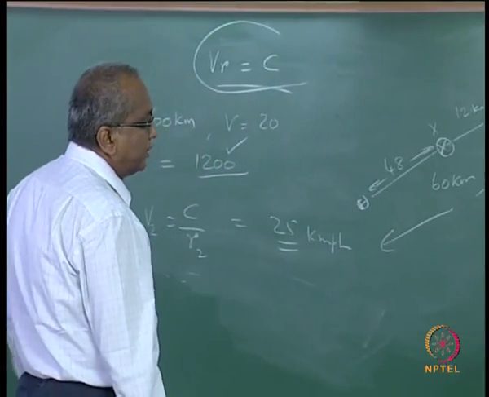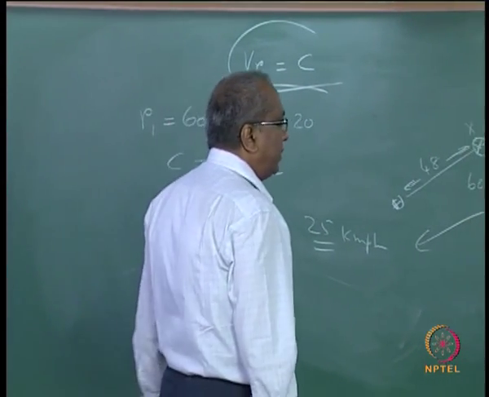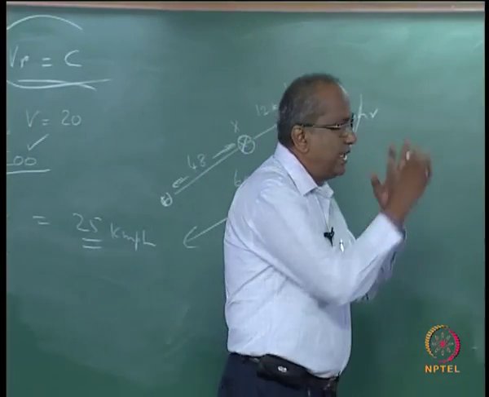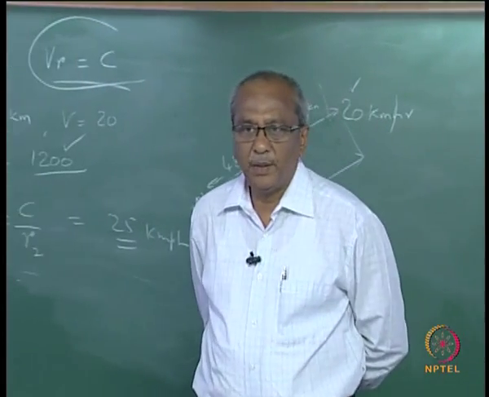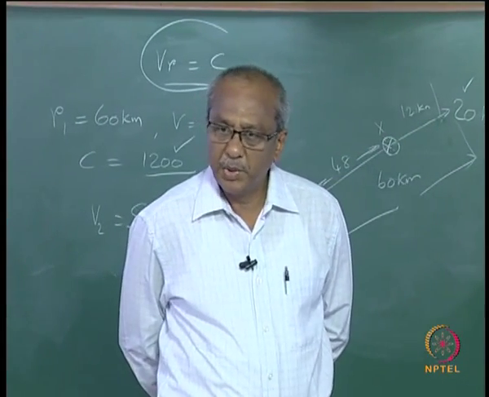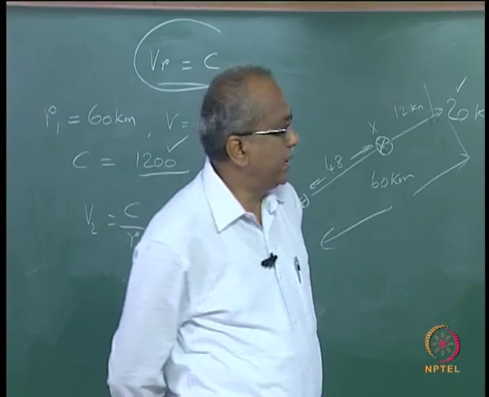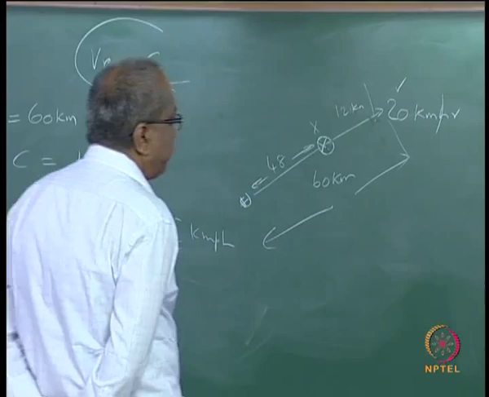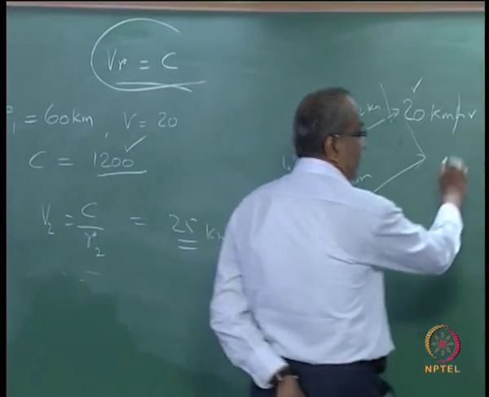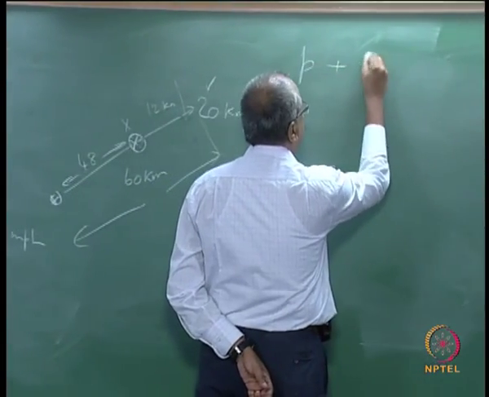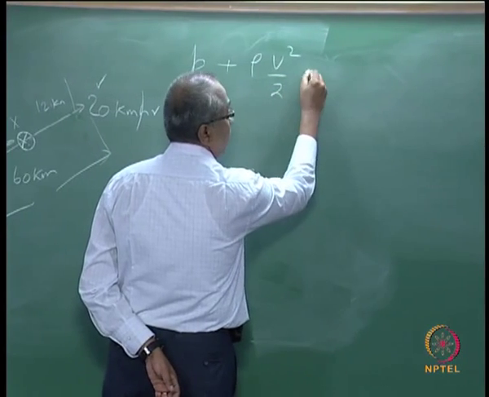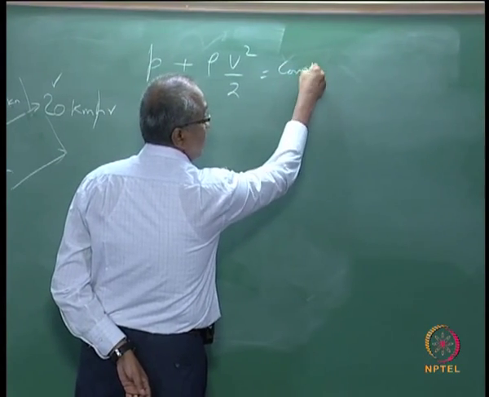Now from the Bernoulli equation we consider the velocity and the pressure head equal to a constant. This is what the Bernoulli equation states, that is P plus rho into V square by 2 equal to constant.